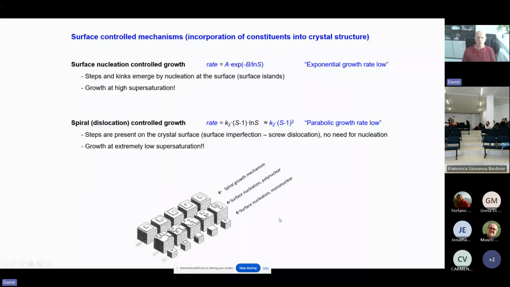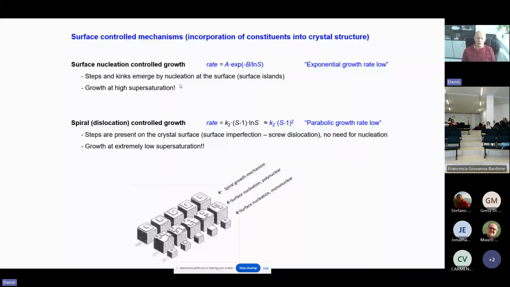These two cases, surface control mechanisms, are very often found in a realistic system. So I will try to show and explain to you how it happens. On this drawing, you can see that this process starts with incorporation of units in the crystal structure.